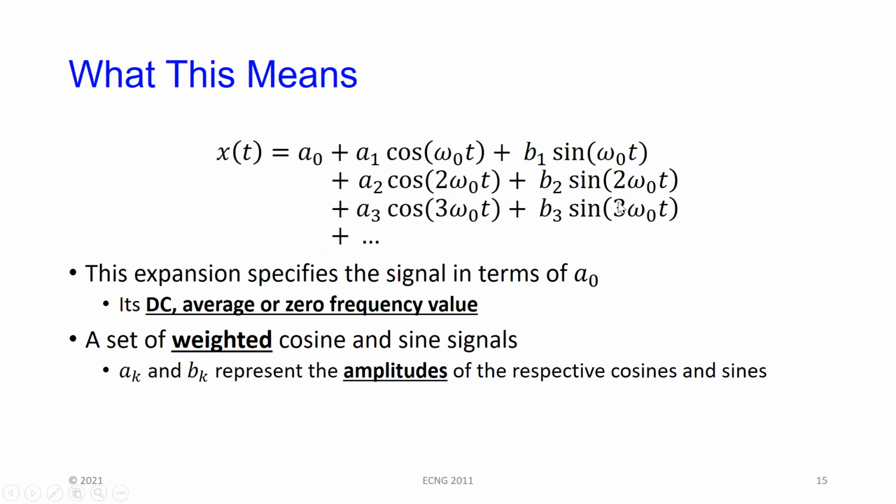Right? And again, in terms of the terminology, A0 is what we call the DC or zero frequency value of the signal. Remember, signals can have a DC component. DC is just a positive or a negative value that doesn't change with time.